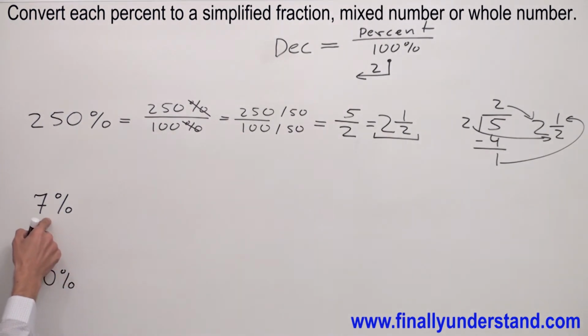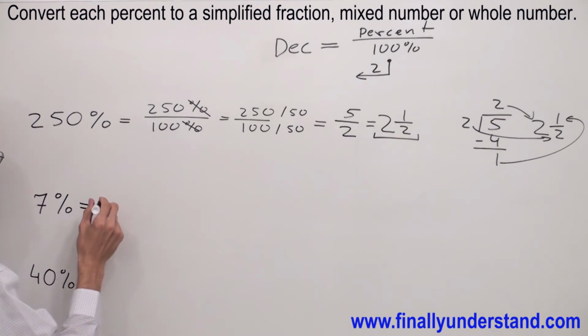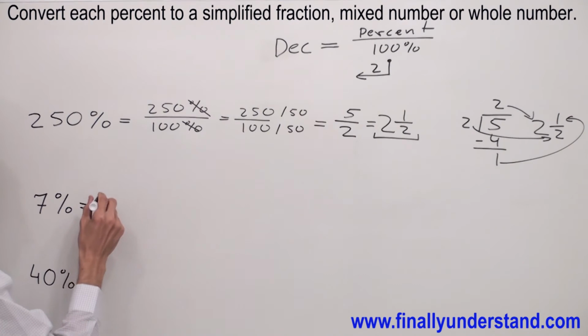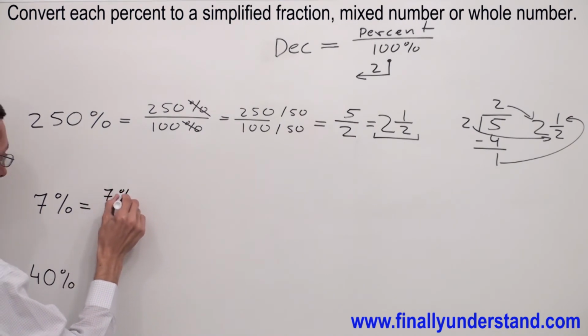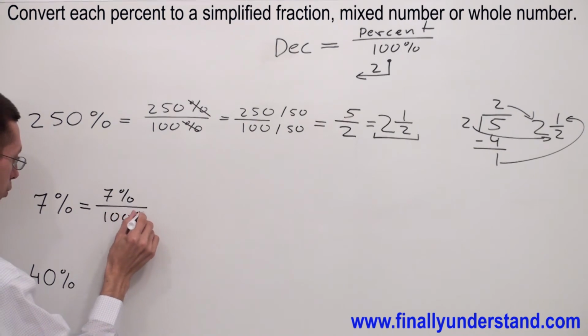Let's take a look at this example. Again, I have to convert this to a fraction. Anytime you want to find the decimal, I have to divide percent by 100%, but this time I have to convert to a fraction. I'm going to use exactly the same rule. That's why I'm going to have 7% over 100%.